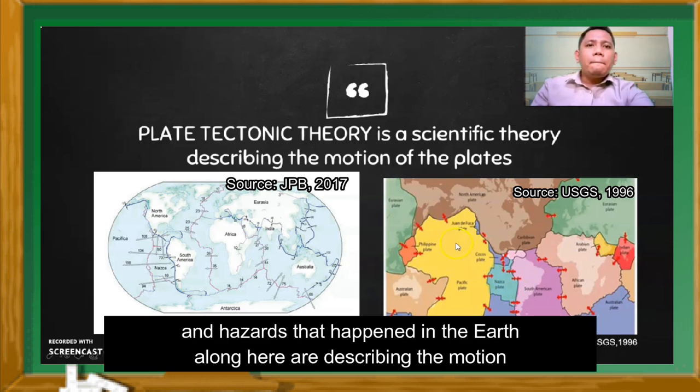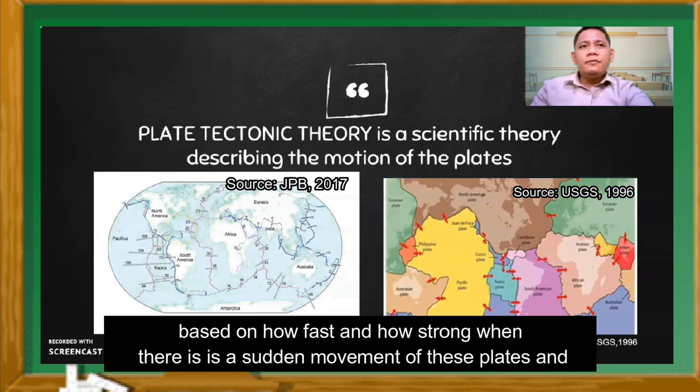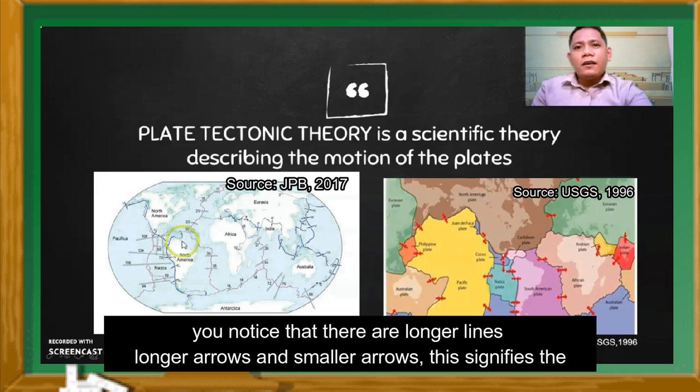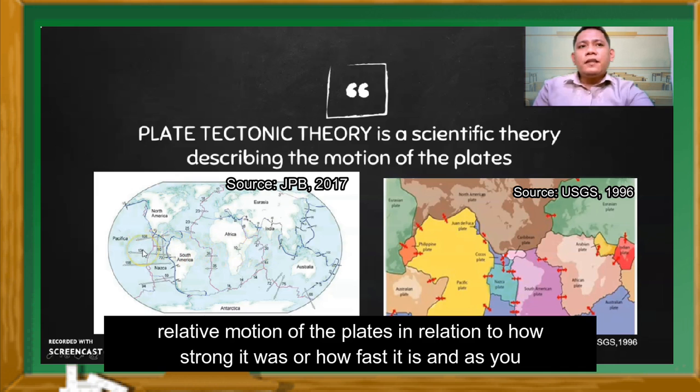Along here, the illustration describes the motion based on how fast and how strong the movement is when there is a sudden movement of these plates. You have noticed that there are longer arrows and smaller arrows. This signifies the relative motion of the plate, in relation to how strong or how fast it is.